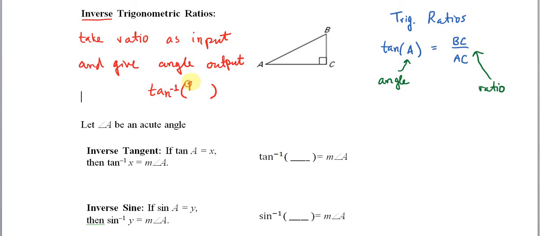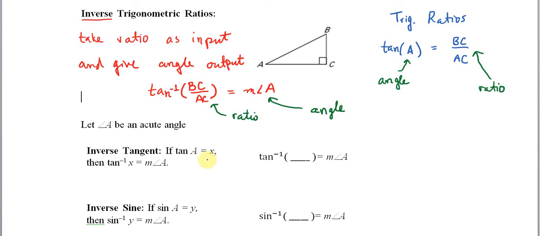We could say that the inverse tangent of the ratio BC over AC is equal to the measure of angle A. So you see here that we have inverse operations: instead of taking in an angle, this time we're going to take in a ratio, and the output is going to be an angle. And this type of operation is very useful when we are trying to figure out the missing angle of a particular triangle.